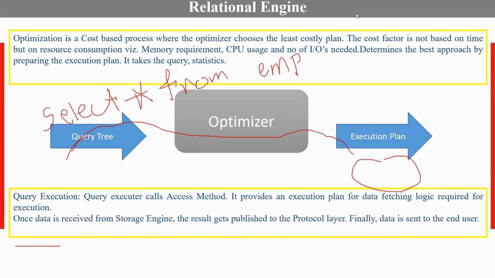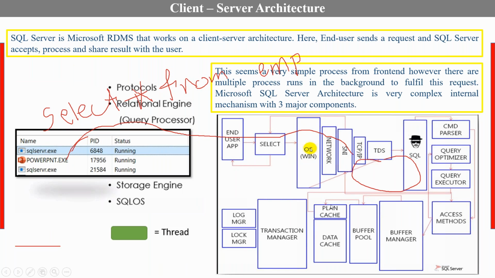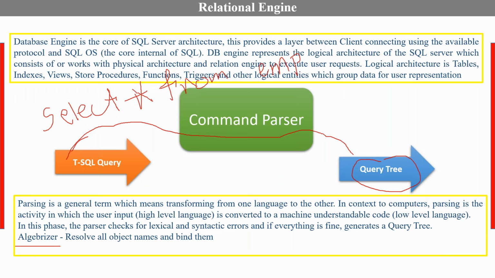No. Okay. So once your execution plan is prepared, let me tell you one point. Let me go back again. We have plan caches, sir. We have the plan cache in the storage engine. Whenever you try to execute, say for the first time, select star from emp, SQL Server will first check whether any plan is available in the plan cache.